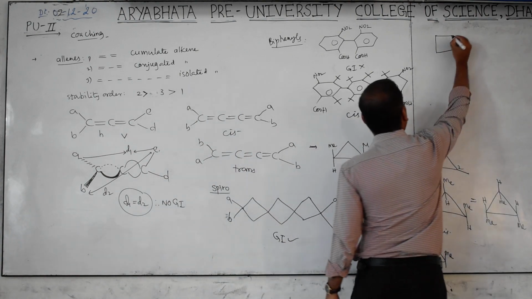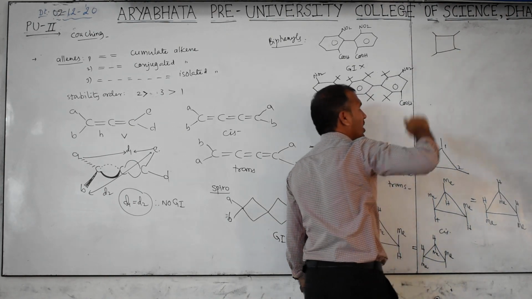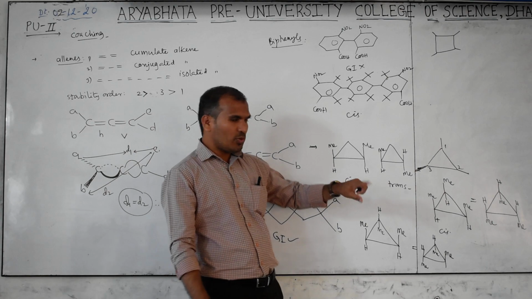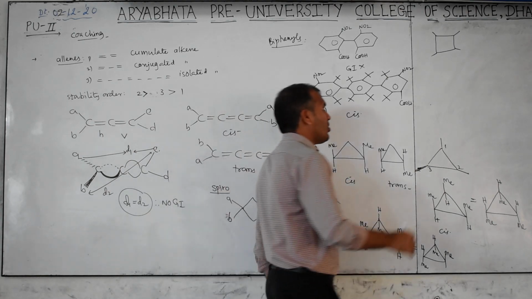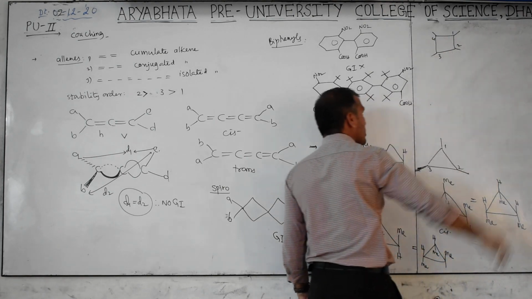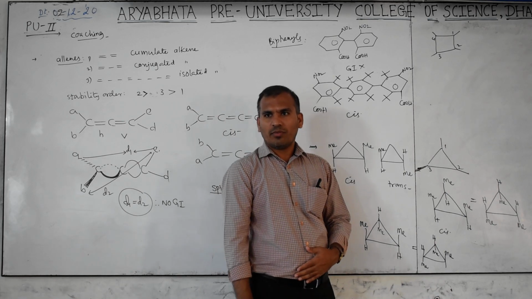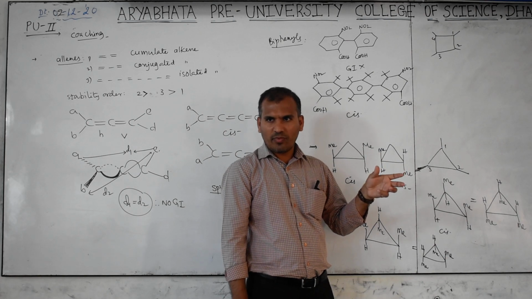Then you answer here: 1, 2, 3, 4. How many possibilities are there? Like this 1, 2, 1, 3, 1, 4, like this 1, 5 possible or not, check. I will give numbers here. 1, 2, 3, 4. What are the possibilities? Tell what are the possibilities. 1, 2 possibility.